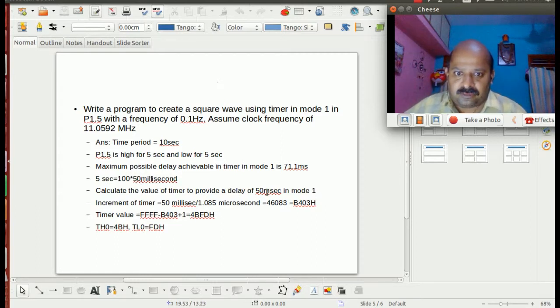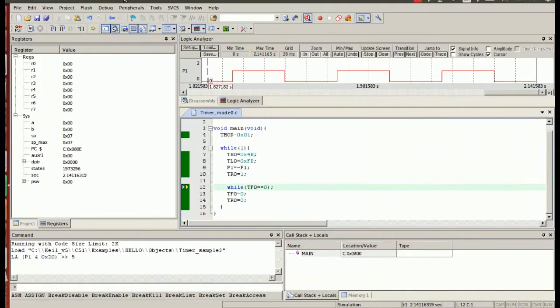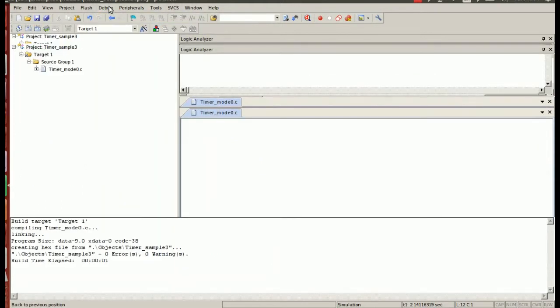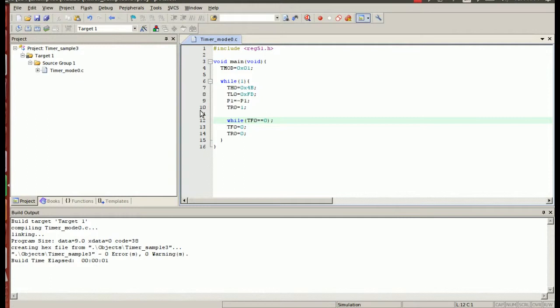From the previous program we calculated that for a 50 millisecond delay, the value of TH0 and TL0 is 4BFF. Let us go to the Keil session and modify this program to generate a square wave with a time period of 10 seconds.